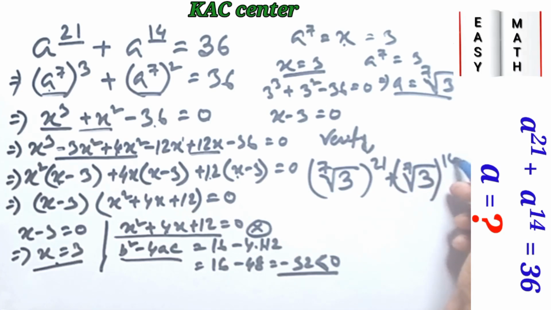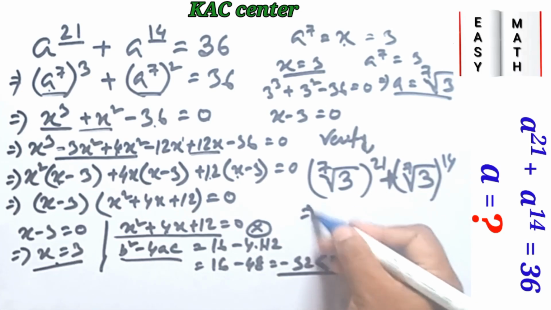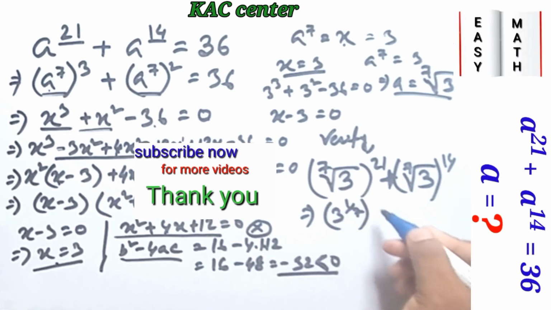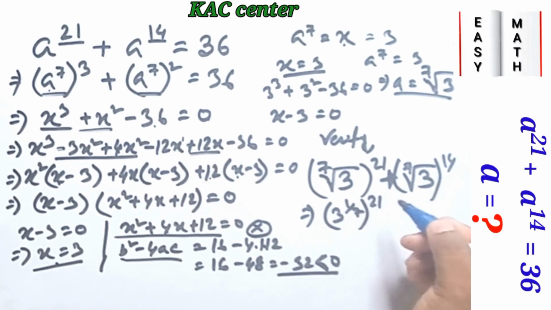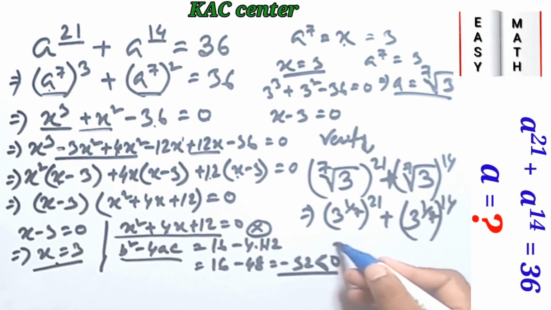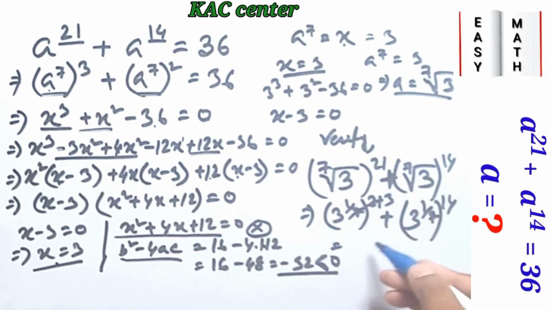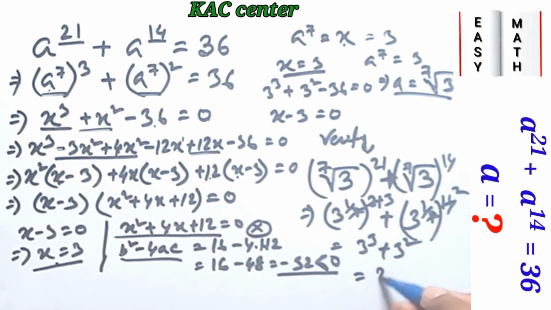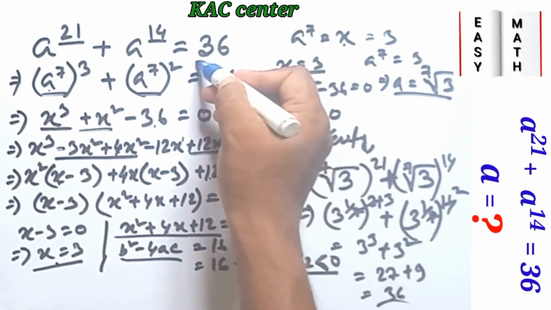So there is the 1 by 7, and this is the 21, and there is the 1 by 7, there is the 12, and so cut this. So this is the 3 cube, and this is the 3 square. So 3 cubed is 27, and this is the 9. So value is 36. So 36 is proved.